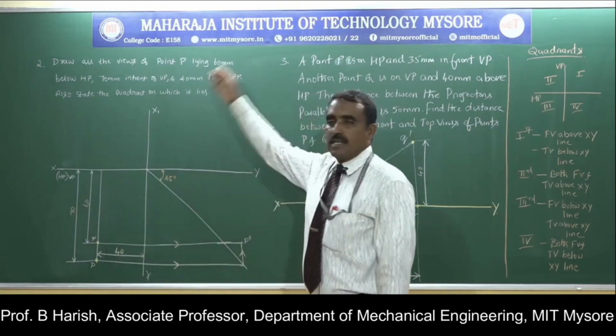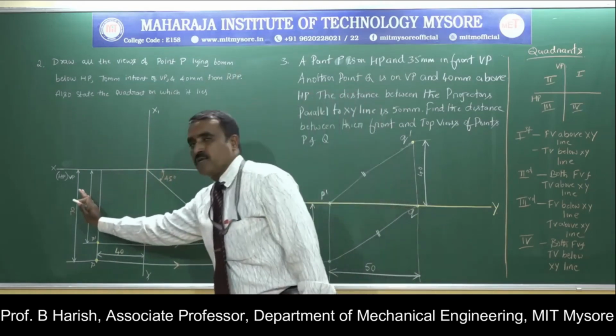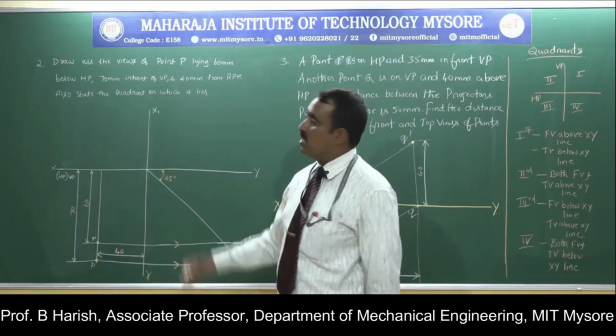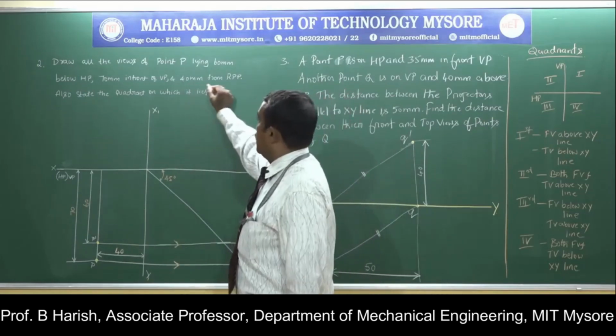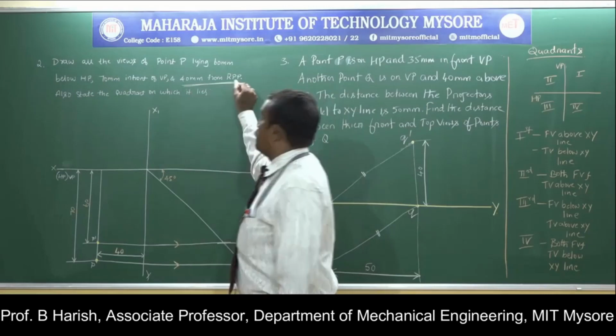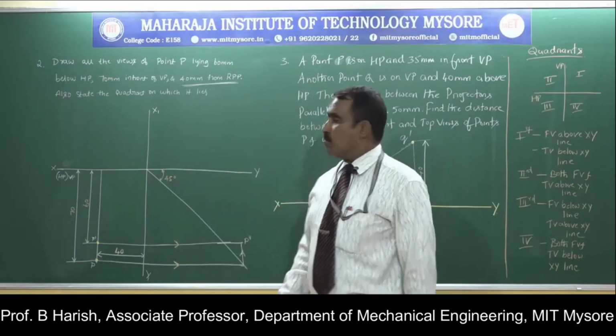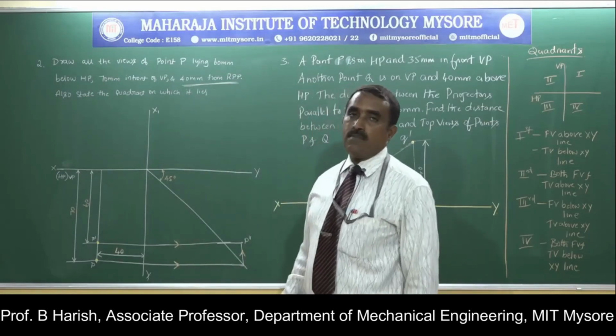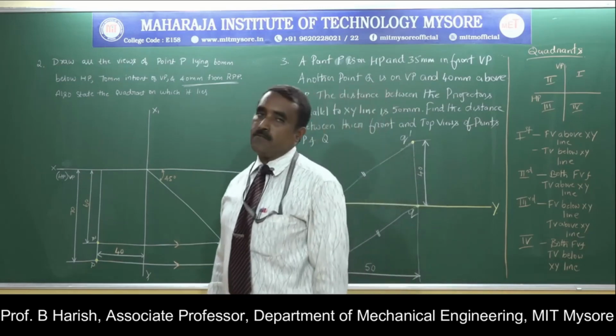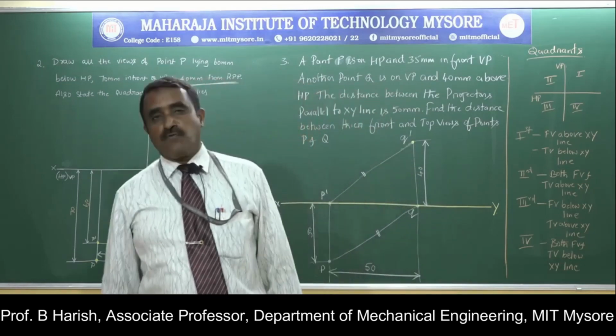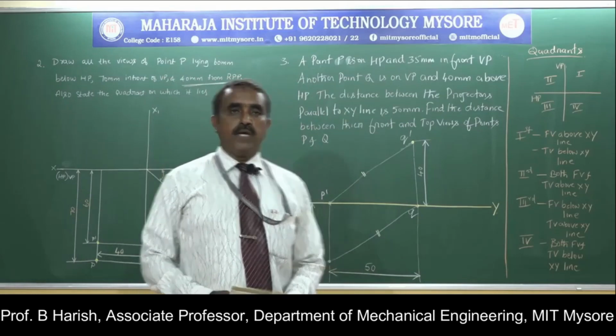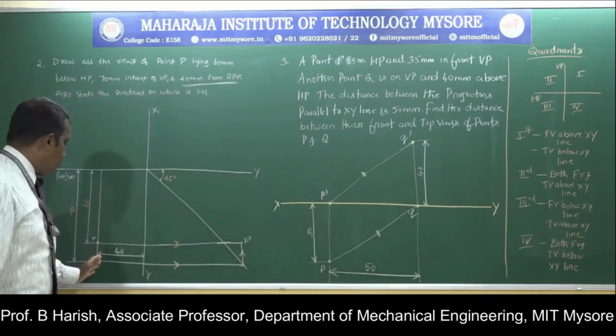Then come to the next part. Once you finish the first part, where you draw the top and front view, come to the second part. It says 40 mm from RPP, the right profile plane. So how to draw the profile view? We have already drawn the top and front views.